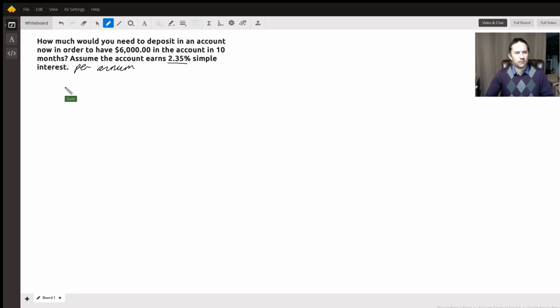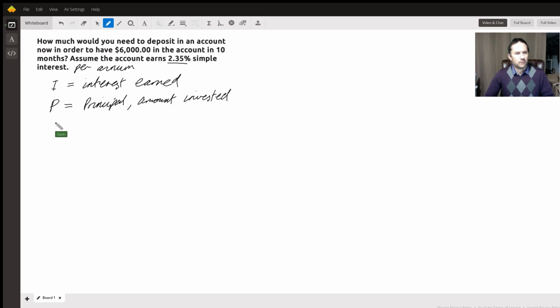Before we get started, I want to define some quantities. Capital I means the interest earned. Capital P is the principal, that's the amount invested or deposited at the start.